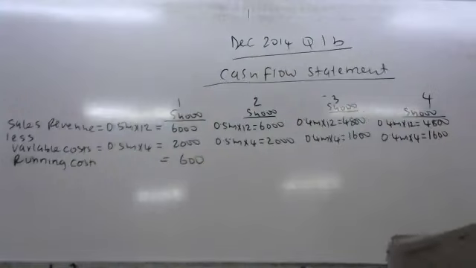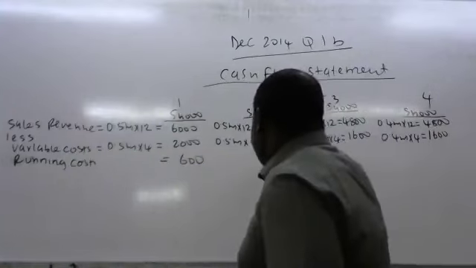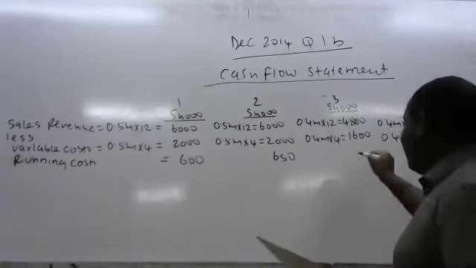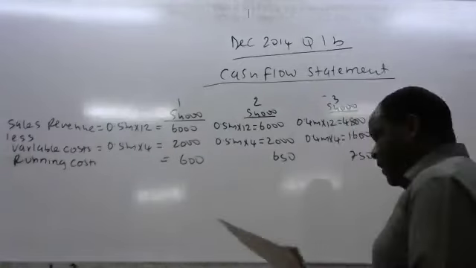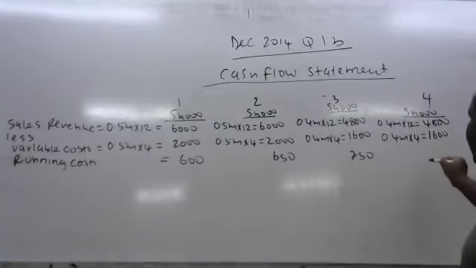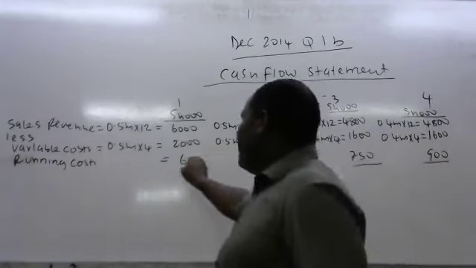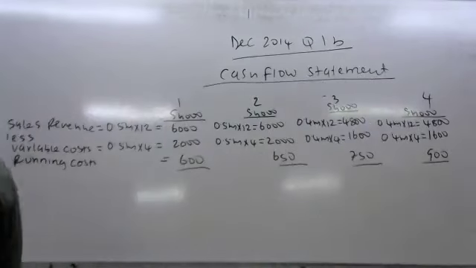Year 2, they gave you how much? 615. Year 3, 715. Year 4, yeah, so minus those 2 costs from the sales revenue.